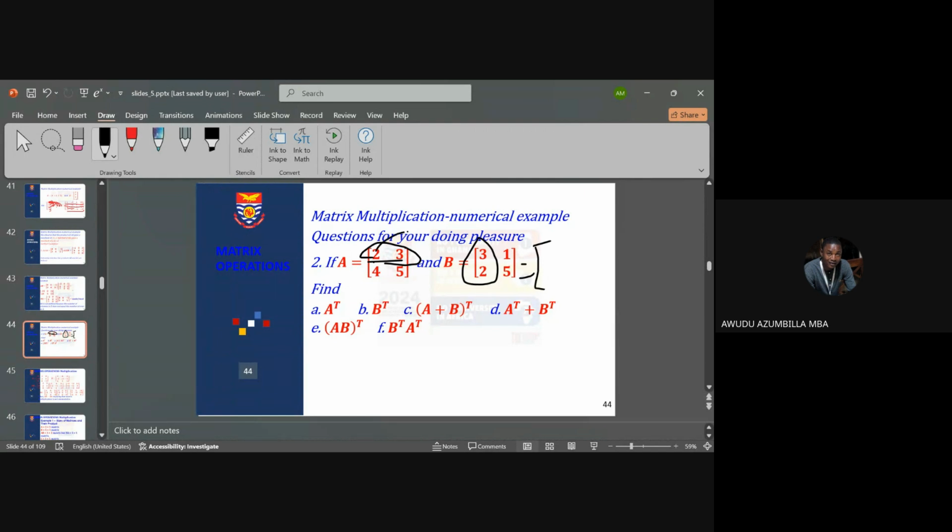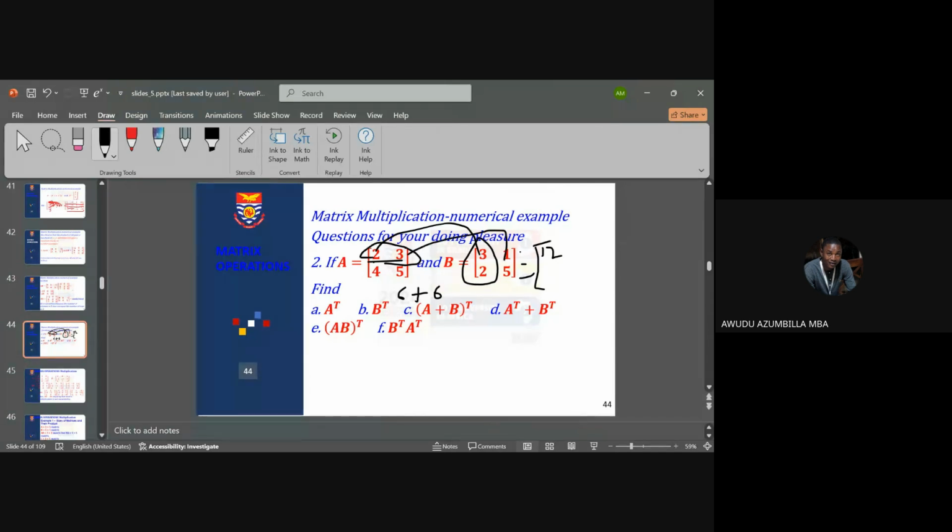We are going to get 2 by 3, which is 6, plus 3 multiplied by 2, which is 6. And that is going to give us 12.